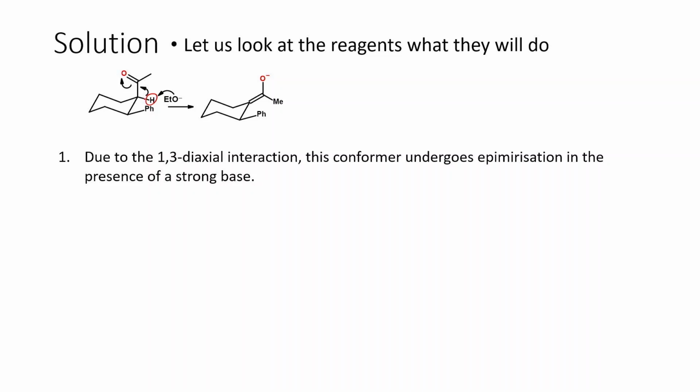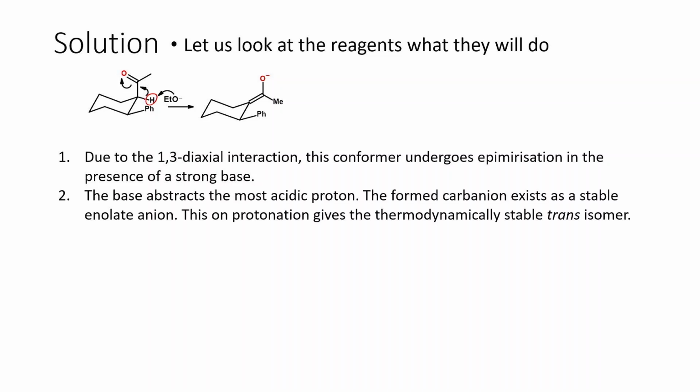So that leads to an enolate anion. This enolate anion can now undergo protonation to give the corresponding derivative. Here, if we look at the phenyl group and the acetyl unit, both are trans to each other. In other words, we do not have the 1,3 diaxial interaction.